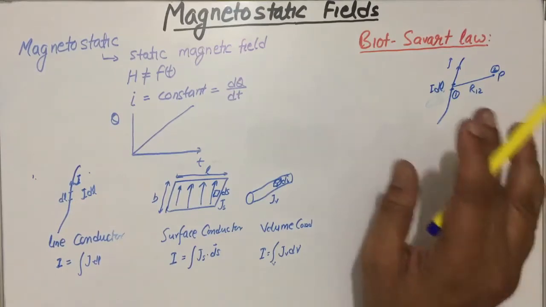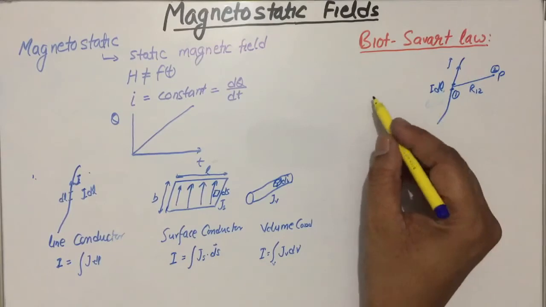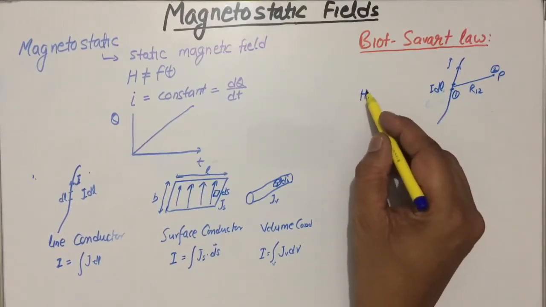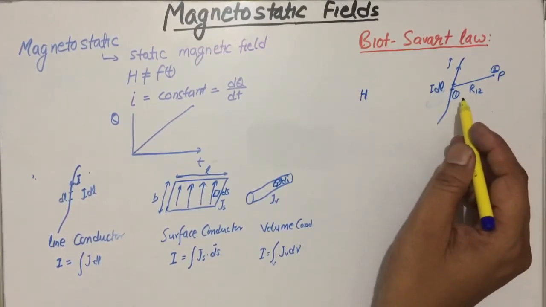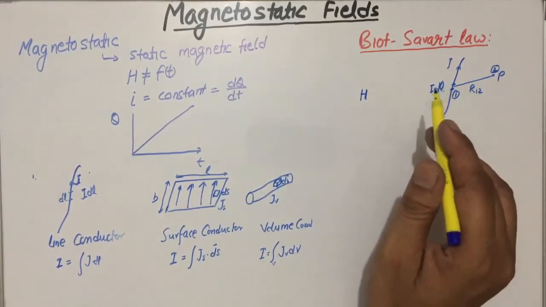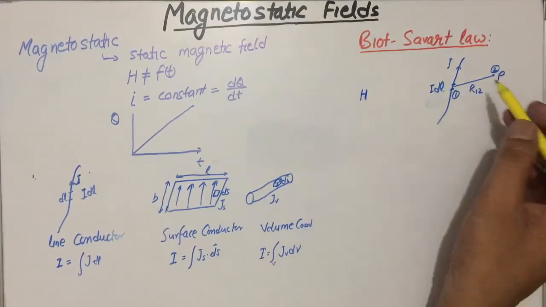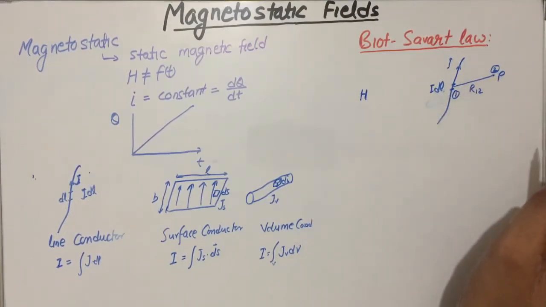And to quantify this magnetic field, the intensity H is defined, which we will try to find from the Biot-Savart law. Magnetic field intensity quantifies the effect of the field in the surroundings of the current carrying conductor.